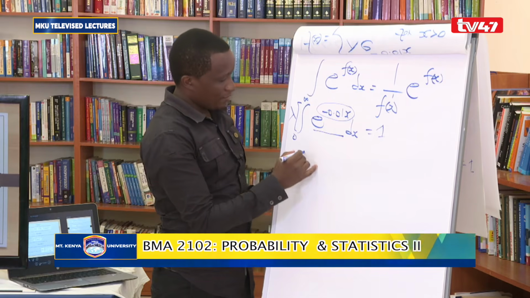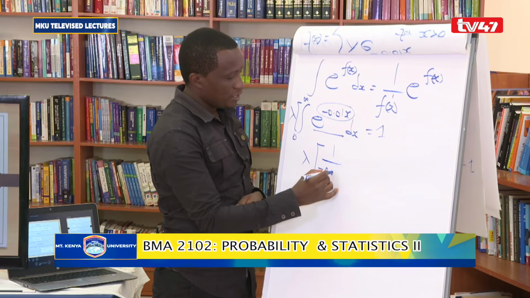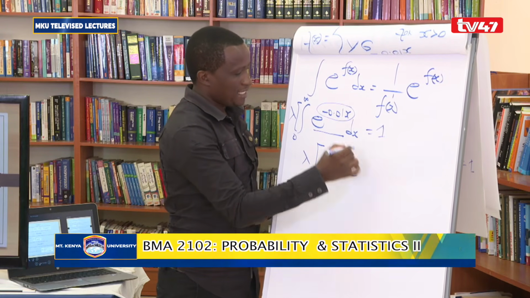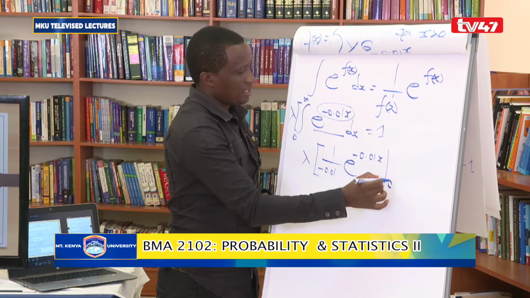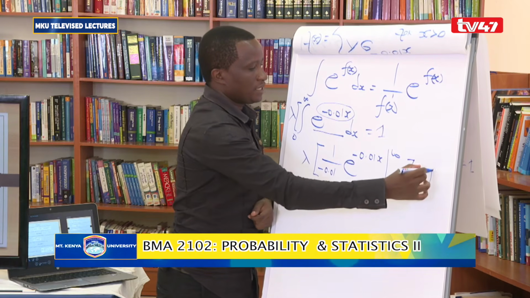So we are going to have lambda, then 1 over negative 0.01, then exponential negative 0.01x, then place limits 0 to infinity. This should give us 1.